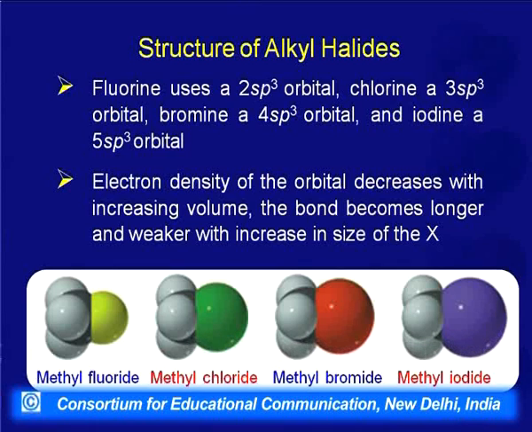So what happens is that the electron density of the orbital decreases with increasing volume, and the bond becomes longer and weaker with an increase in the size of the halogen atom, that is X. You can see in this three-dimensional diagram, which is made out of models, this is the alkyl group, this is the halogen atom, and as we proceed from fluoride to chloride to bromide and finally to iodide, the size of the halogen atom keeps increasing, and therefore the bond between the alkyl carbon and the halogen atom gets weaker and weaker, and it has a higher bond length also.